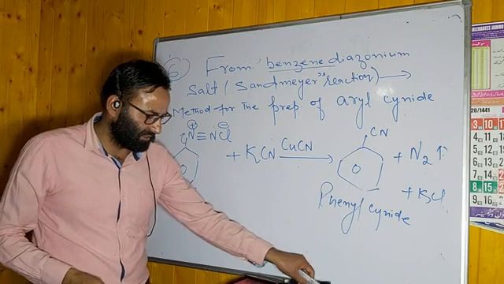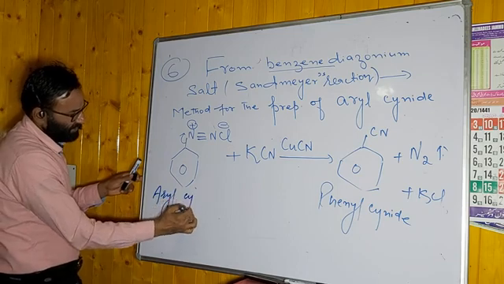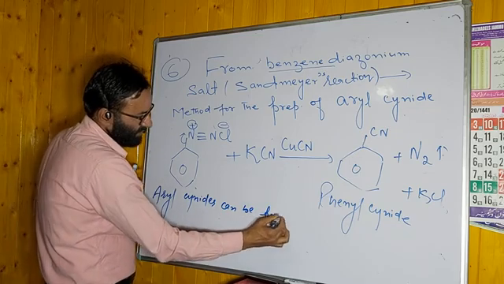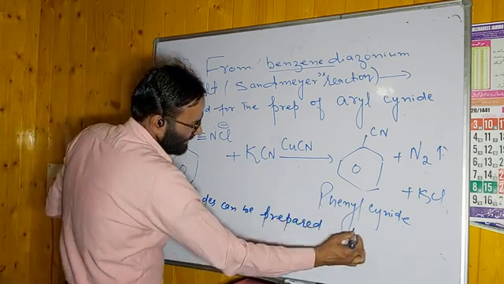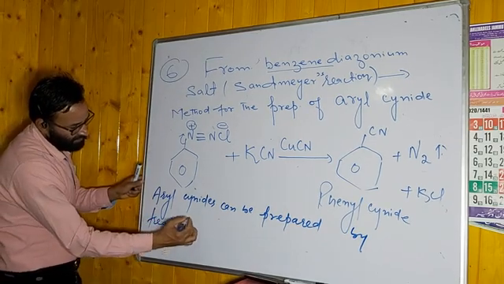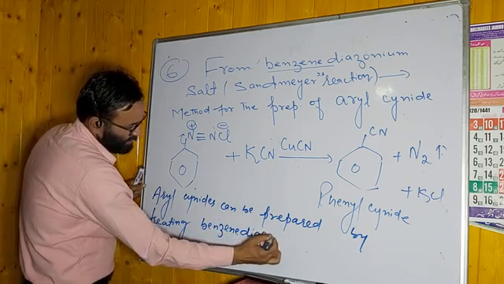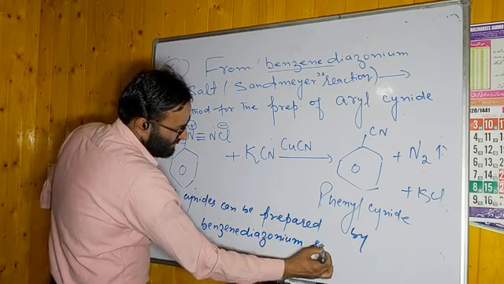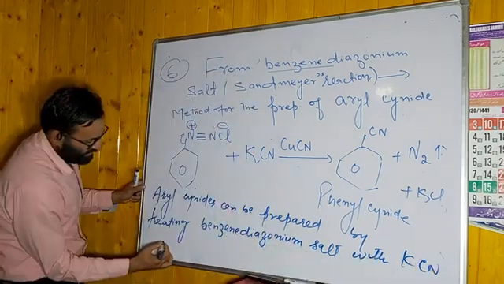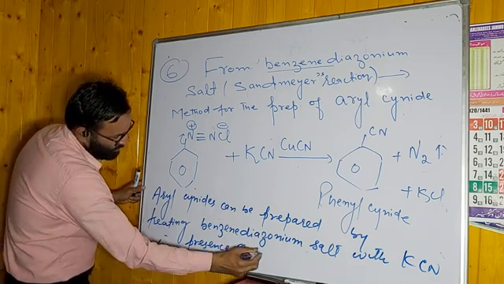How can you prepare aryl cyanides? Aryl cyanides can be prepared by treating benzene diazonium salt with potassium cyanide in the presence of cuprous cyanide.